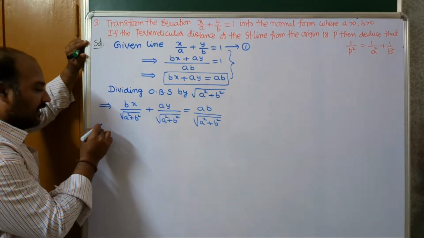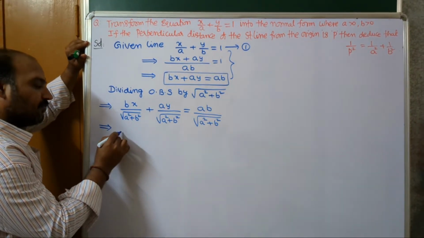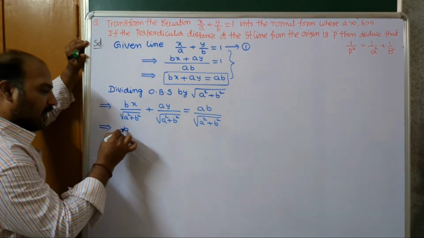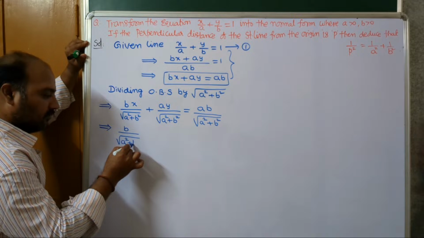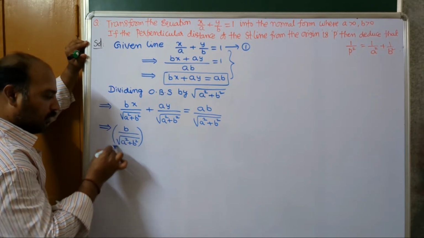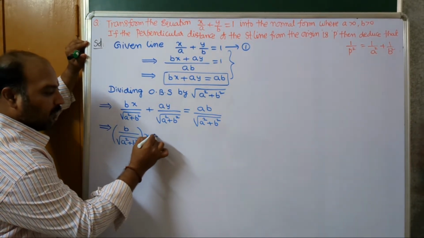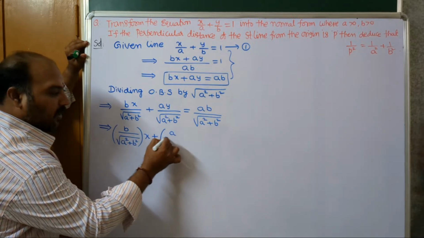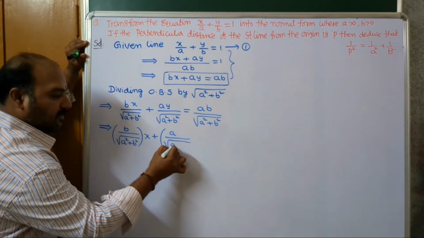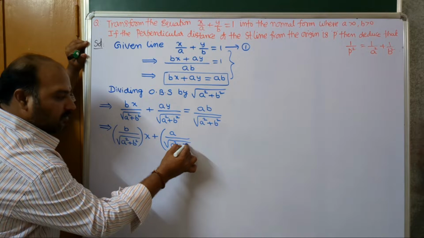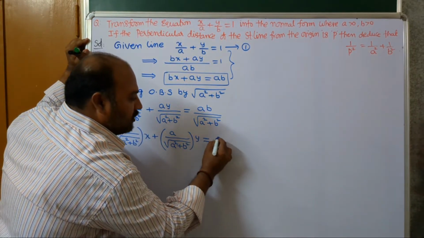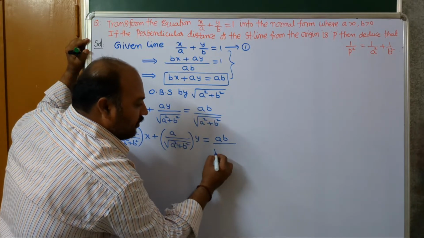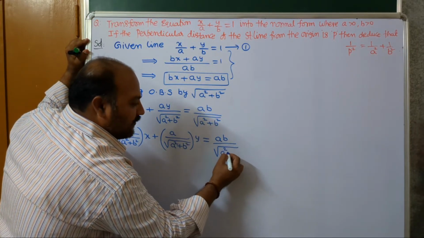So this can be written as b by root of a square plus b square into x plus a by root of a square plus b square into y is equal to ab by root of a square plus b square.